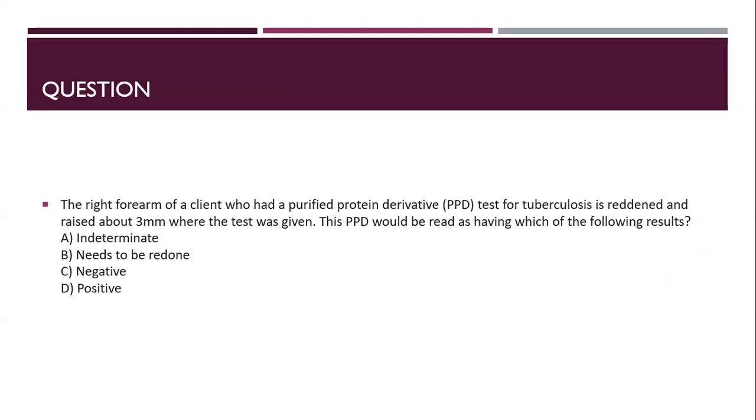We all know that the general diagnostic cutoff for PPD is 5 to 15. So if they don't tell you, just use the 5 to 15 without the HIV or healthcare provider distinction. For example, this question was 10 millimeters. This one will be positive because we have 10 millimeters raised, which means there's an induration.